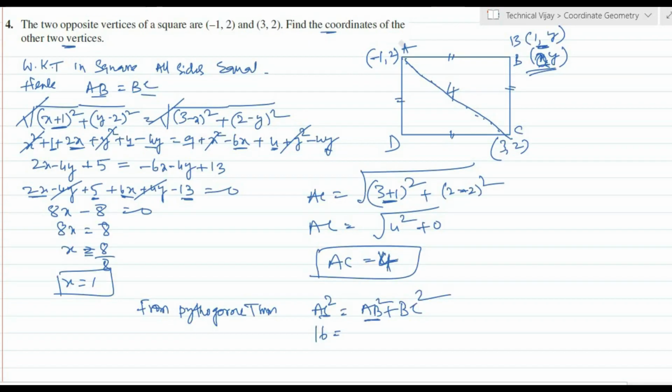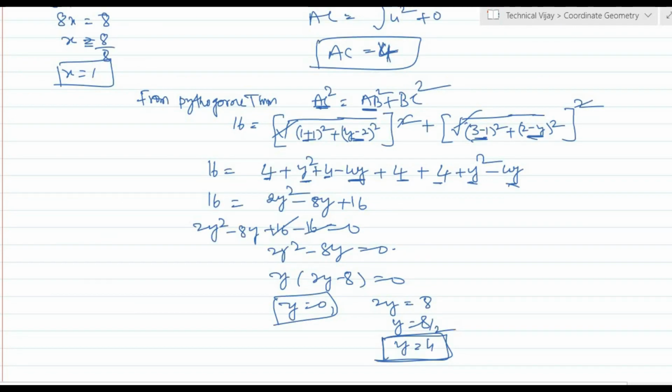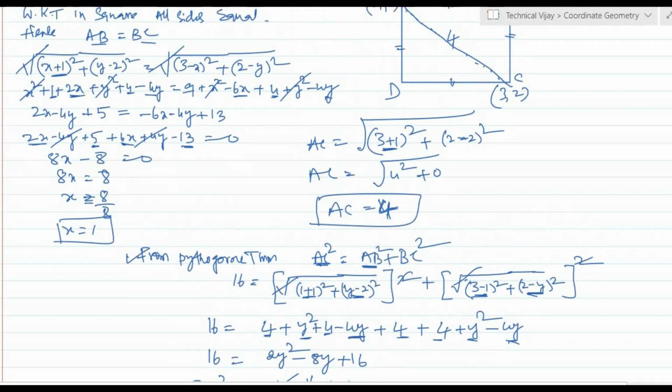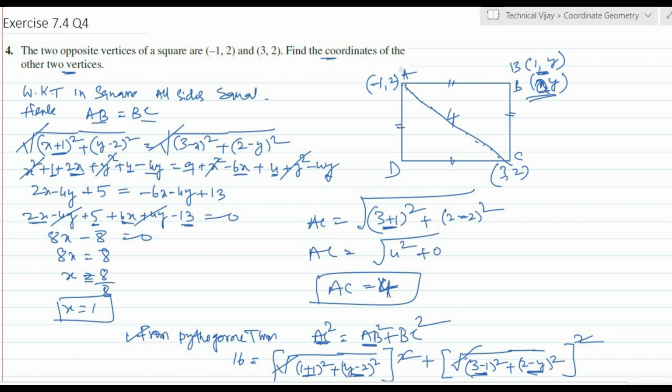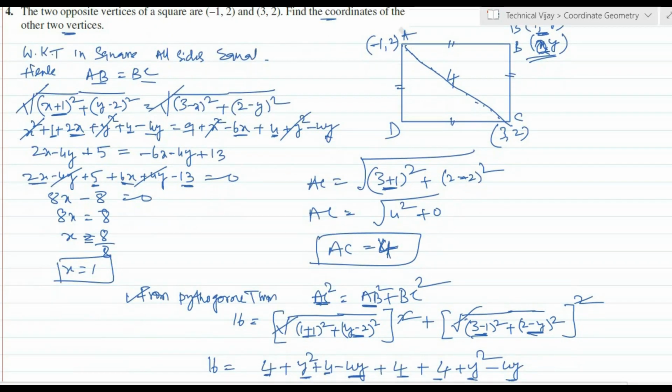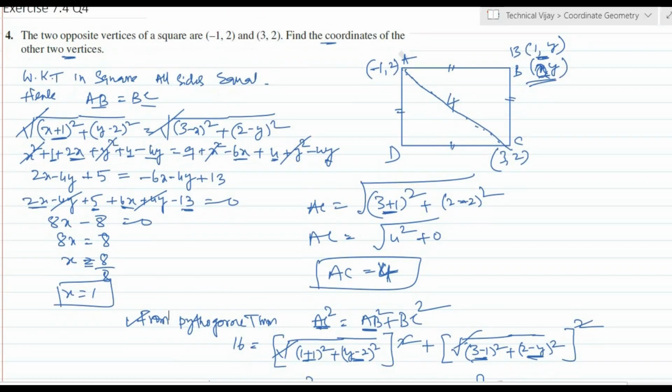AB is the distance formula, x2 minus x1, that is 1 minus of minus 1, that is 1 plus 1, whole square, plus (y minus 2) square.